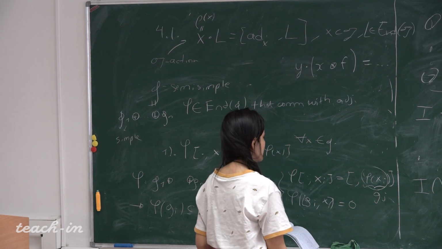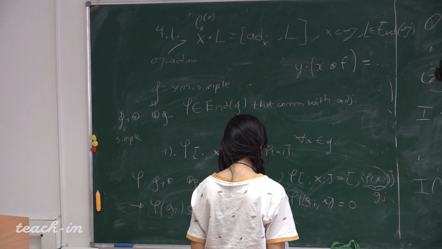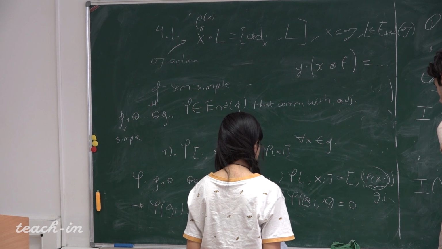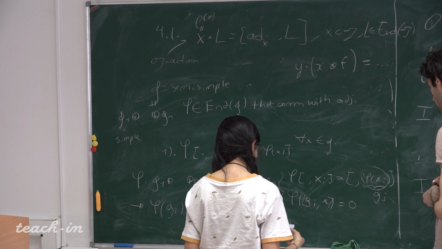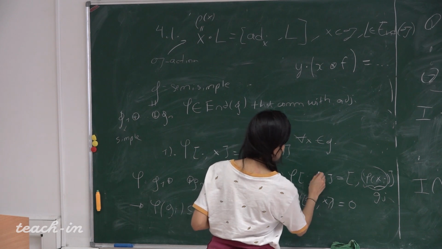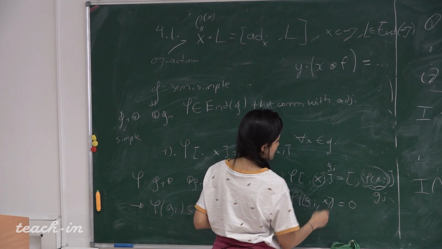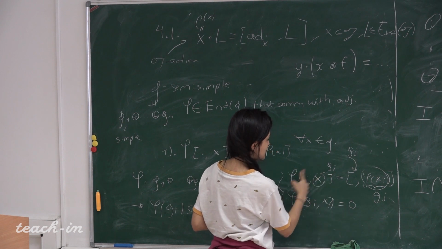So if you have this, therefore, this is in Gi. Plug any Gj here. So this is 0.